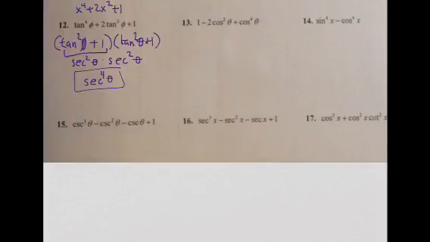13, same thing. Think of it as 1 minus 2x squared plus x to the fourth. Think of it like that. So when you factor, you have 1 minus cosine squared theta, 1 minus cosine squared theta. And so 1 minus cosine squared theta, if you go back to number 6, 1 minus sine squared theta back then, we replaced with cosine squared.